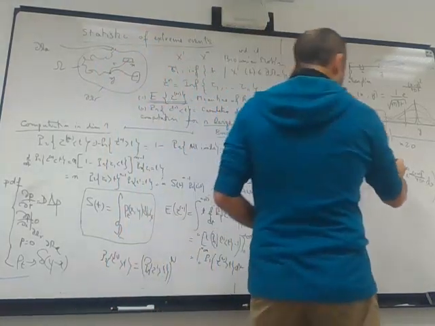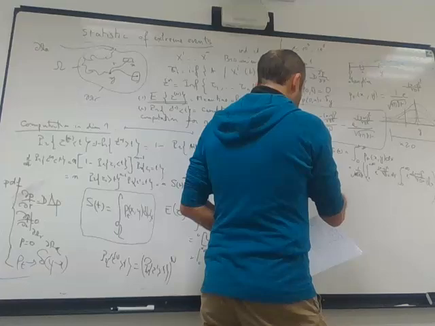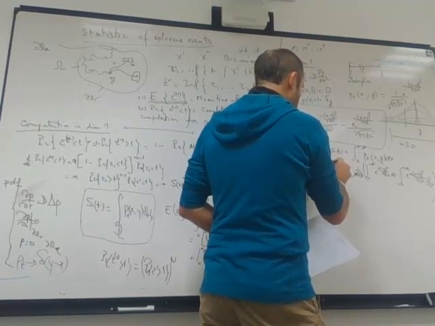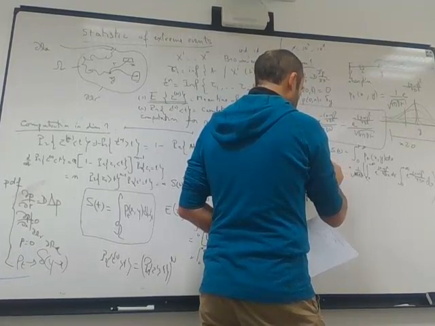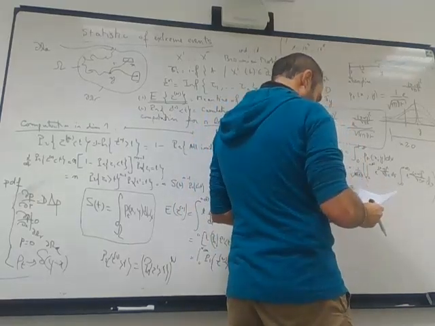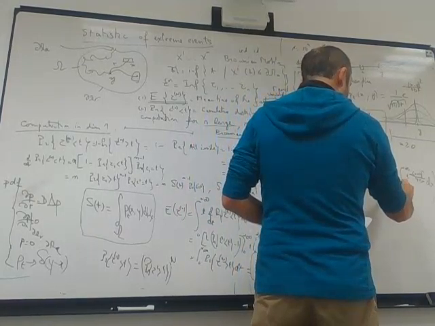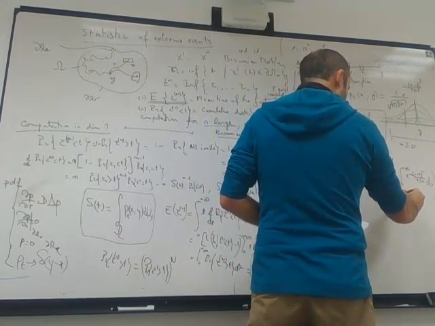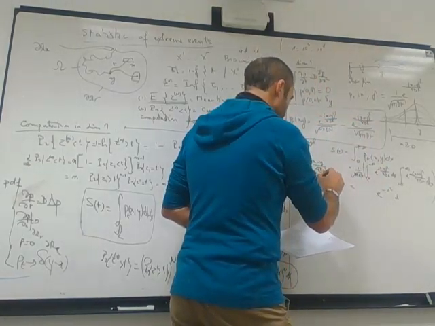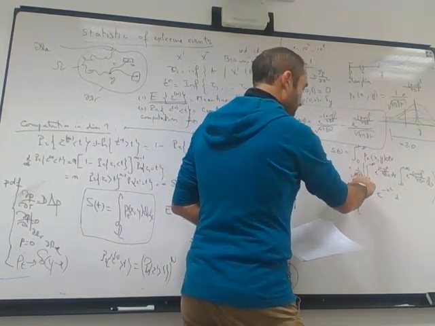So here I'm going to change variable. I'm going to look at variable u equals x minus y divided by the square root of 4 dt. So this is equal to what? This is exponential of minus u squared du, since du is dx divided by the square root of 4 dt, which is this here.